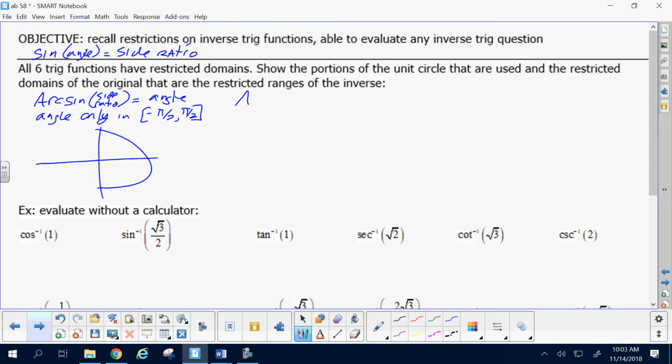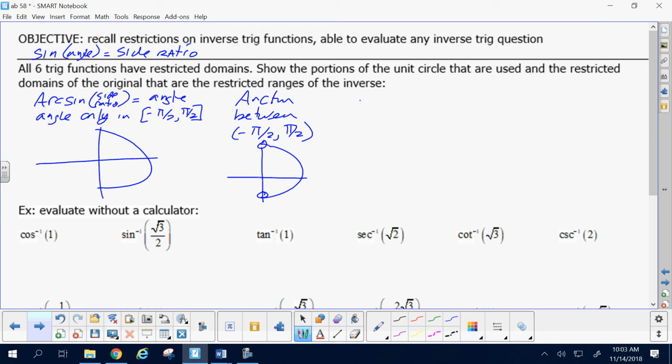Arctangent. What is it between? Negative pi over 2 to pi over 2. Now that's not inclusive, because tangent doesn't ever actually equal anything at pi over 2. It's undefined there, so you would never give an answer of pi over 2. It is up to there, but not inclusive.